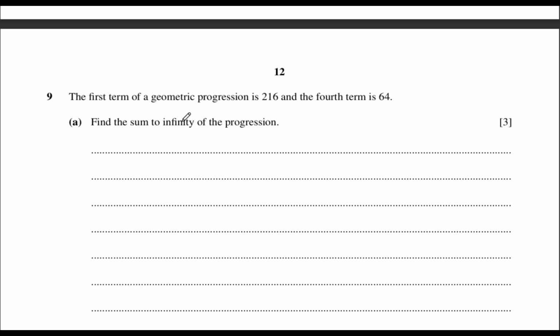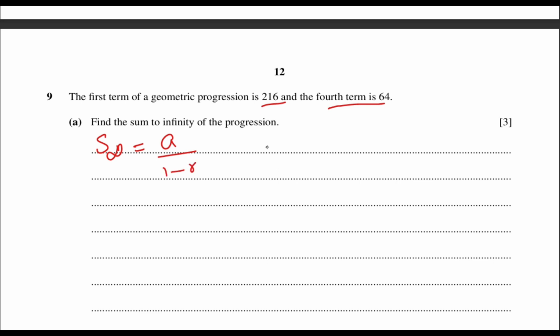The first term of the geometric progression is 216 and the fourth term is 64. So we have to find the sum to infinity of the progression, but we are not aware of the r value. What is the value of r? Because sum to infinity is always equal to a, the first term, over 1 minus r.